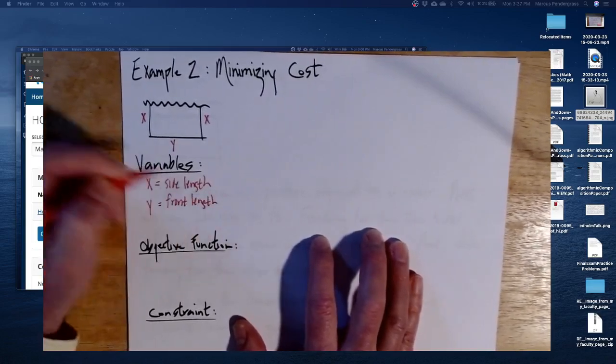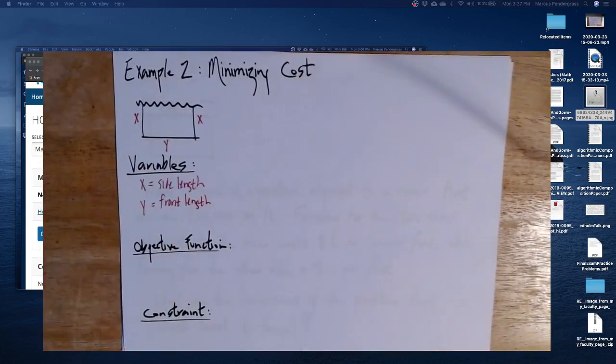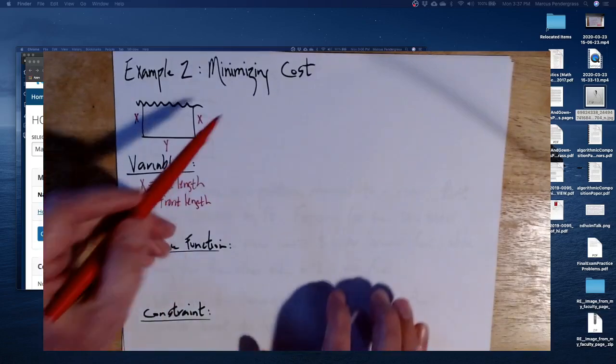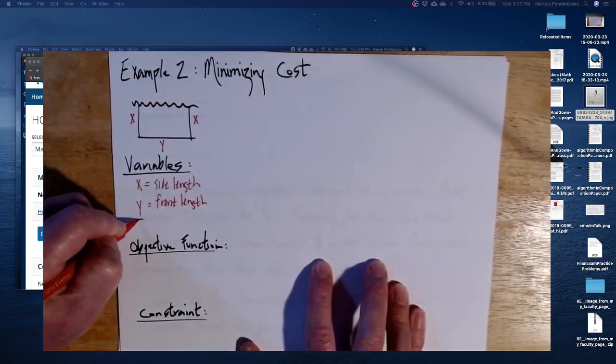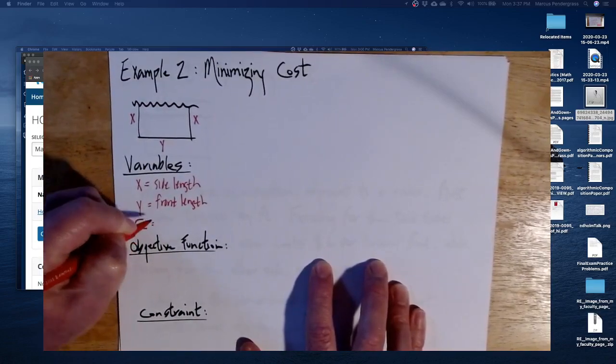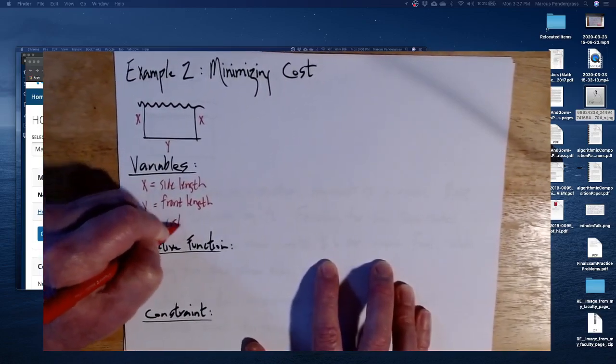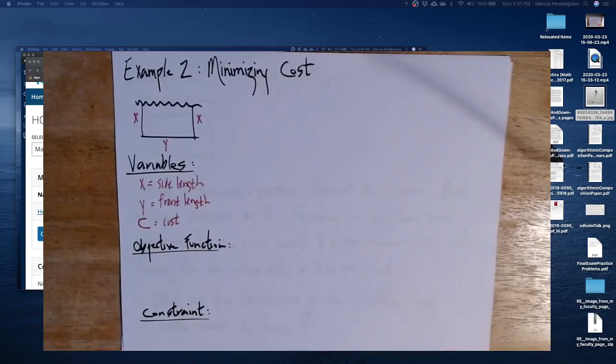So those two things obviously are important. But what we're trying to do here, you remember, is minimize cost. So cost is clearly a variable as well. I'll just use capital C to be the total cost of fencing this pasture.